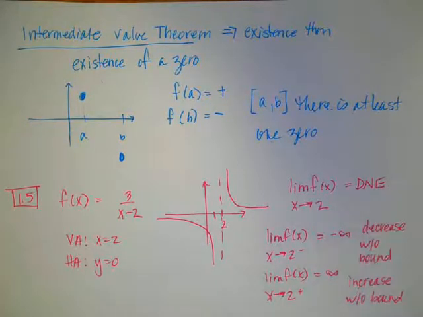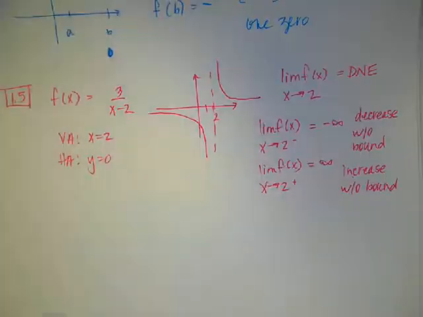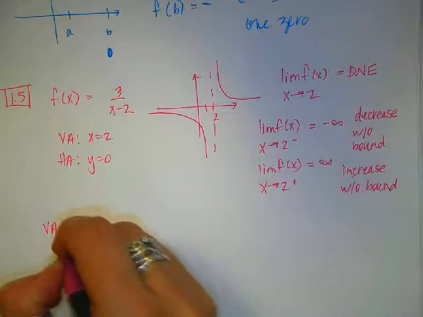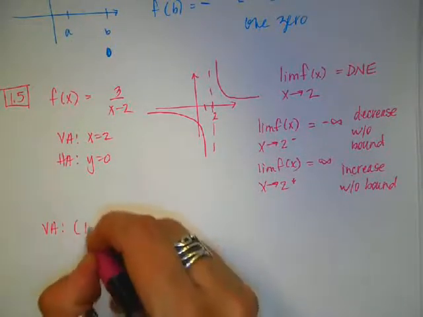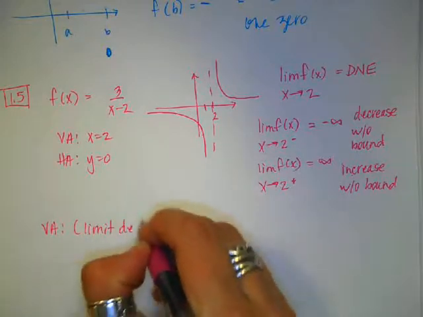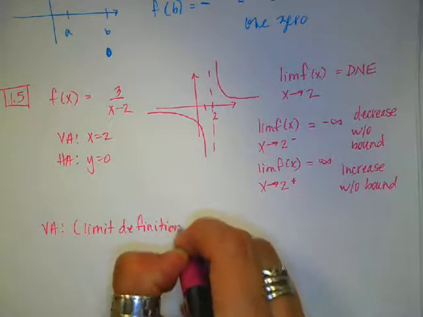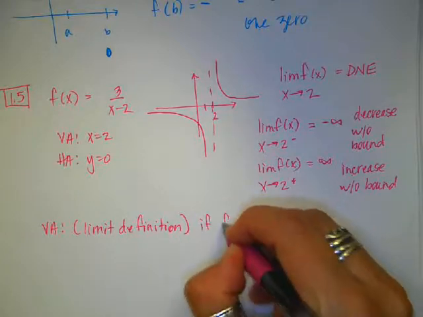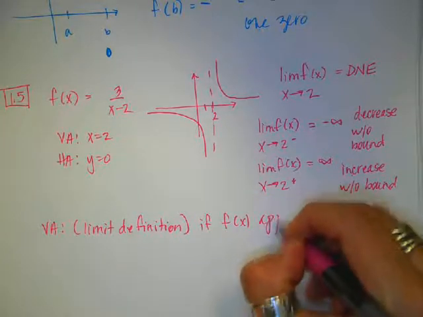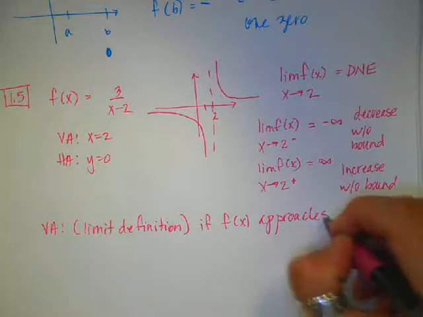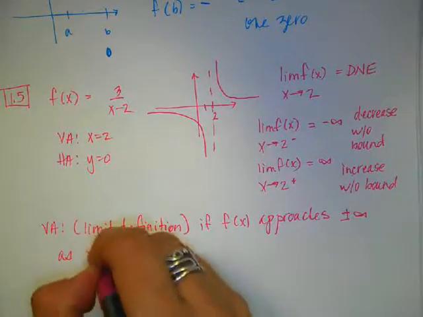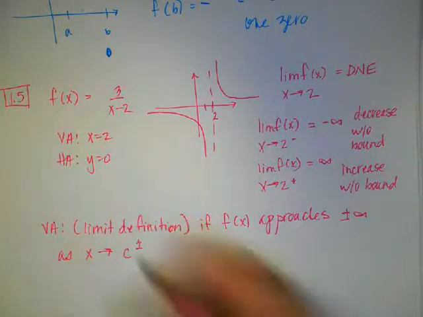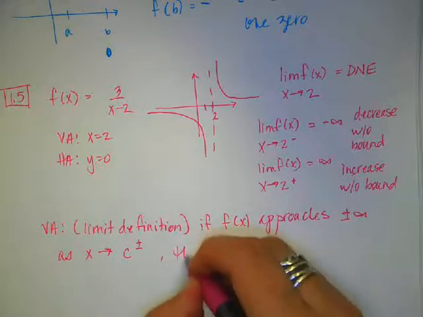The other cool thing to notice is that now technically I have a vertical asymptote definition, and I'm going to write my definition in terms of a limit. So if a function approaches plus or minus infinity as x approaches c, then the line x is equal to c is a vertical asymptote.